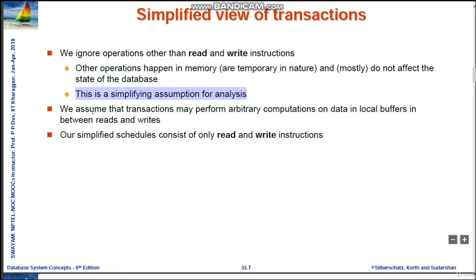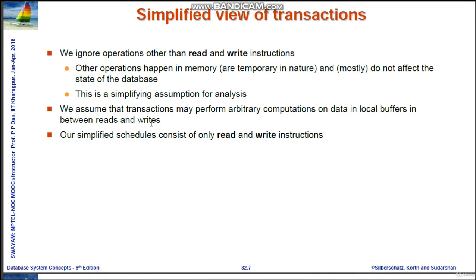We assume that a transaction may perform arbitrary computation on data in a local buffer in between reads and writes. If we are doing read A, write A, all these things happen in our main memory, as we discussed previously. Main memory has a small part, the buffer, in which we do all the reads and writes. Okay, until we commit, all the instructions are in main memory.